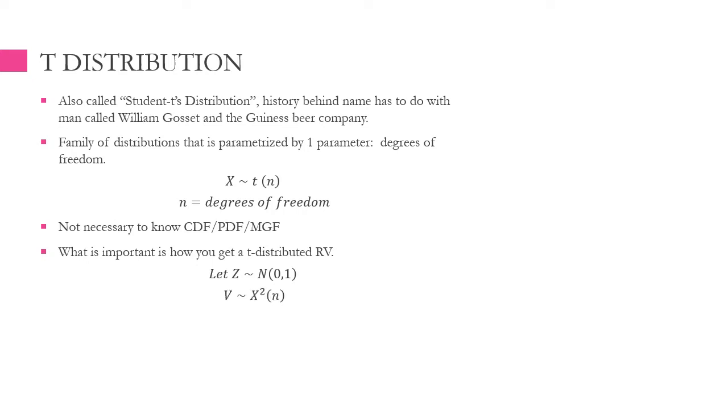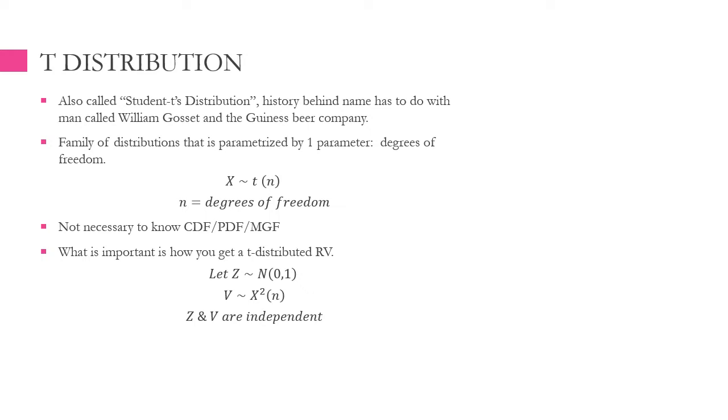So you need a standard normal and you need another chi-squared. So you have a standard normal Z, with 0 and 1, and then you have a chi-squared V with n degrees of freedom. Then if Z and V are independent, then the following recipe or combination of Z and V will give you a t-distribution.